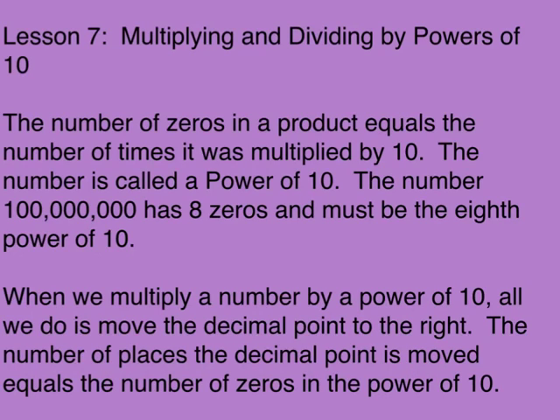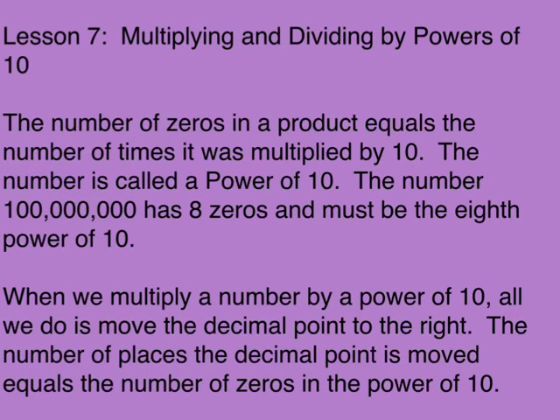The number of zeros in a product, and remember that a product is the answer to a multiplication problem, is equal to how many times it was multiplied by 10. So that number then is called a power of 10.